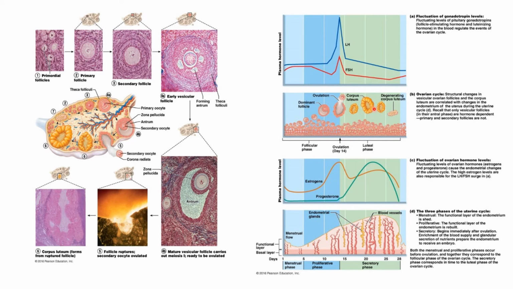That's because the corpus luteum is releasing all of that progesterone, and with that progesterone surge, the endometrium grows. That progesterone is going to cause the blood vessels in the endometrium to grow further. It is also going to cause the glands within the endometrium to start enlarging and releasing nutrients within the uterine cavity so that it can sustain the embryo.